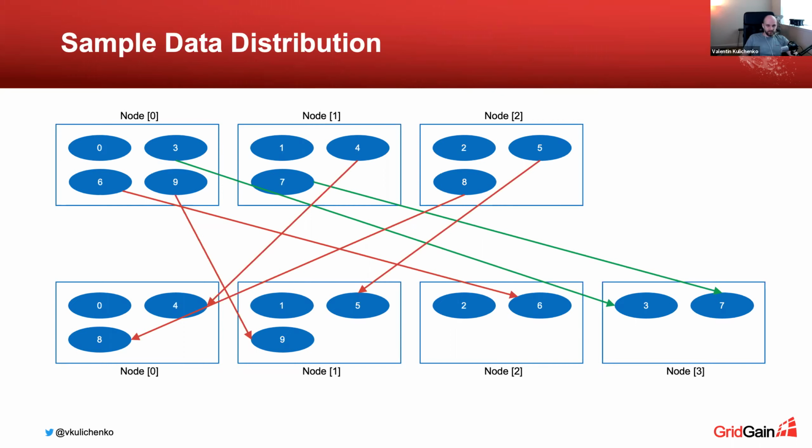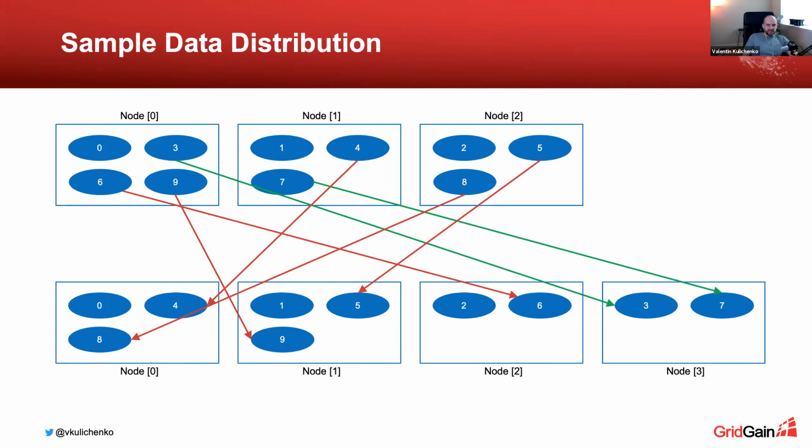It consumes CPU, it consumes network. Even in this simple example with 10 partitions and 3 nodes, we have more red arrows than green arrows. So this redundant data movement will require more resources than data movement that we actually want from the system. And that's a big issue, right?